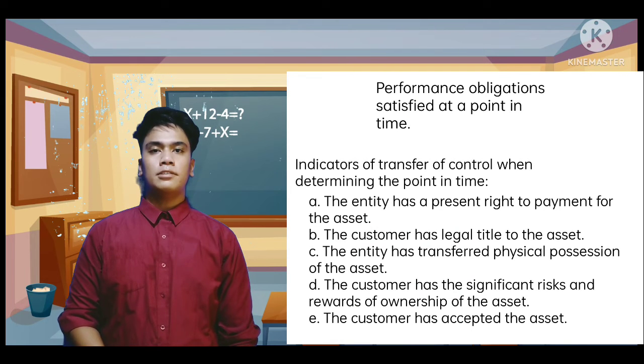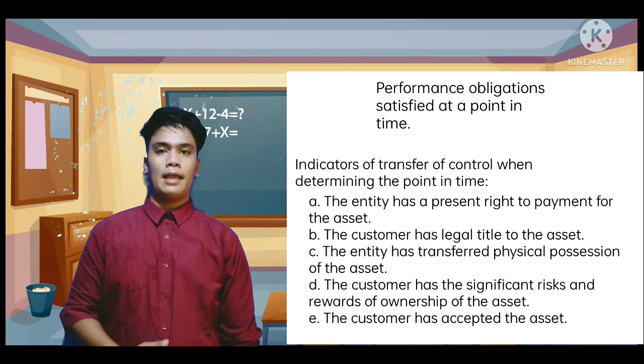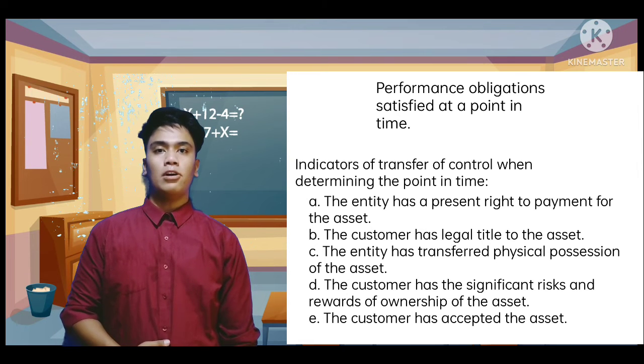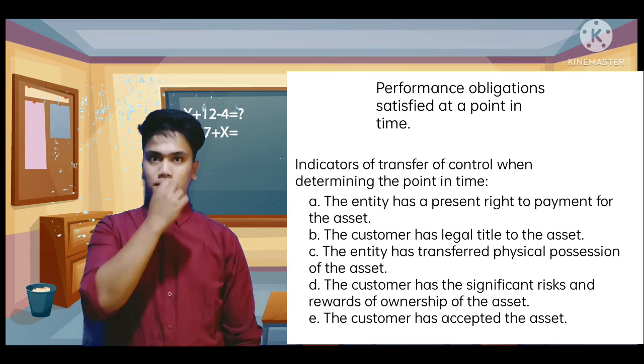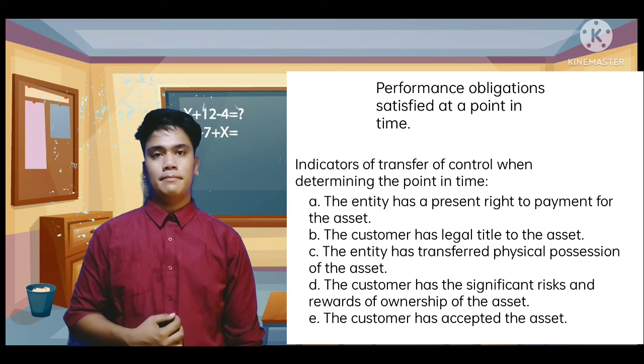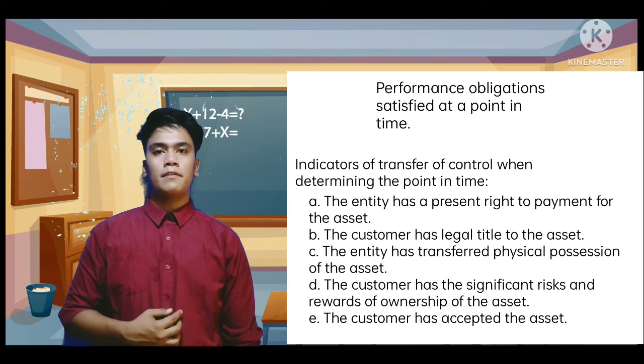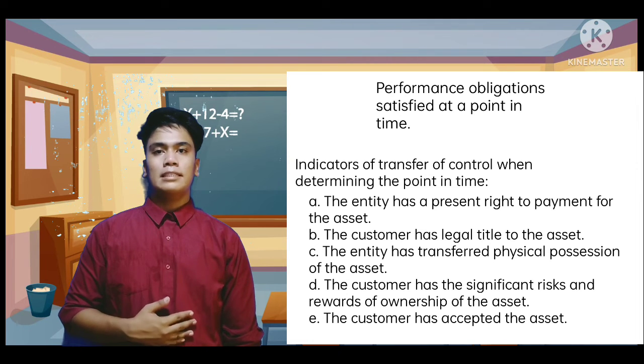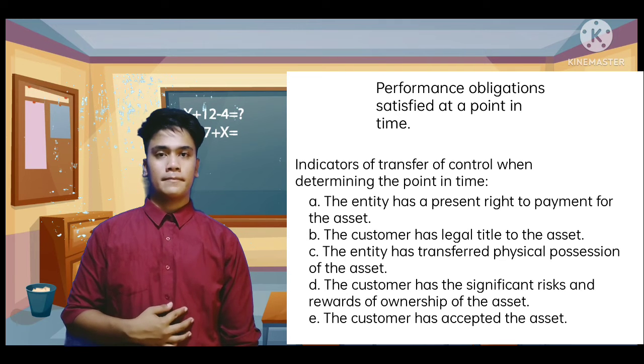Performance obligation satisfied at a point in time. A performance obligation that is not satisfied over time is presumed to be satisfied at a point in time. Revenue from a performance obligation that is satisfied at a point in time is recognized when the performance obligation is satisfied.